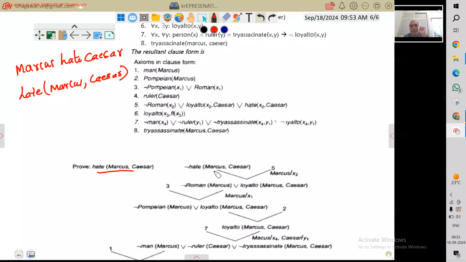Now we will start from here and look into our knowledge base, which is already present in clause form. Now we are going to apply the resolution. Let me just clear this and once again do these things.